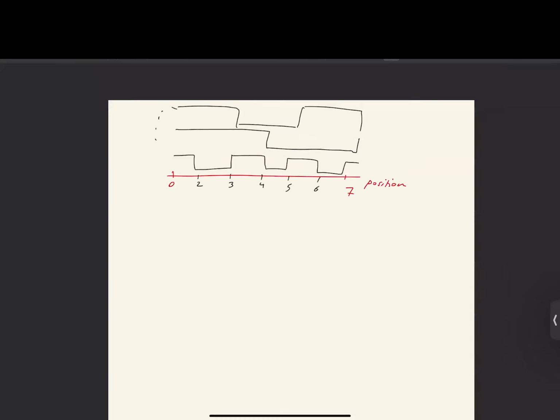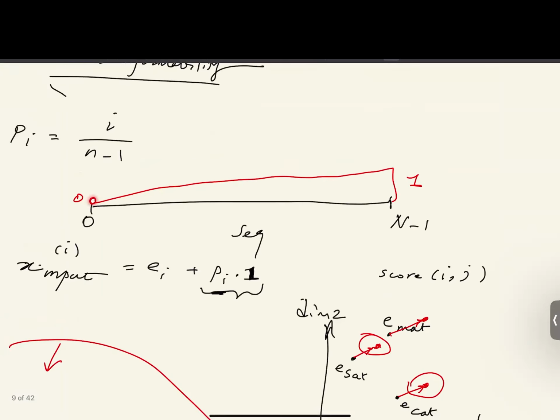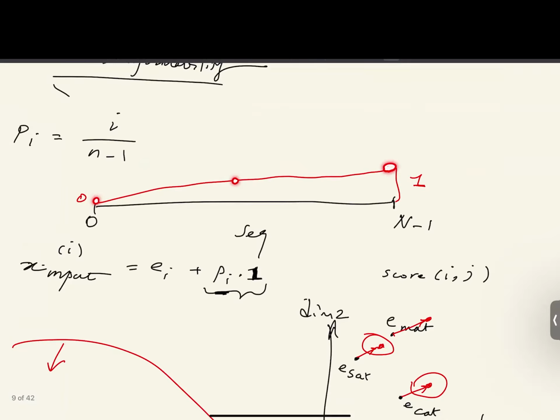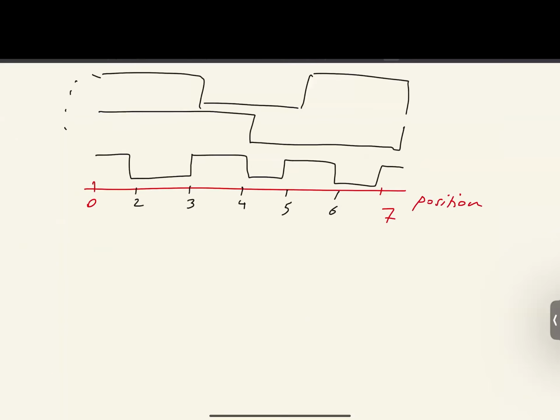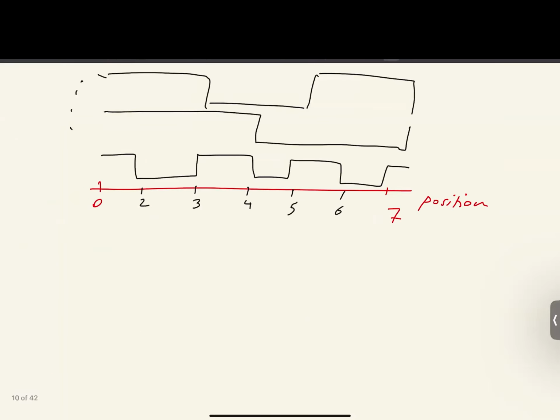Previously, if you remember, it was easy to distinguish distant relations, but not nearby relations. But here, that's not the case. We can compare nearby relationships with the higher frequency and distant relationships with lower frequency. So this works in terms of being multi-scale. Different dimensions capture different granularities of position.